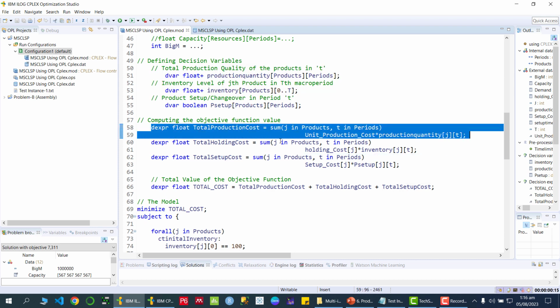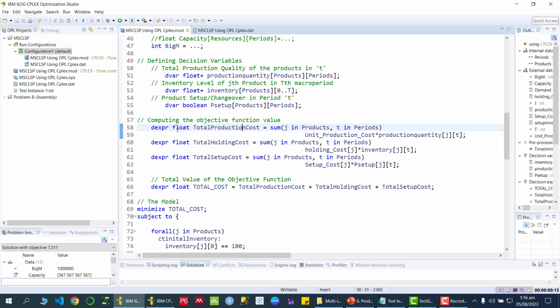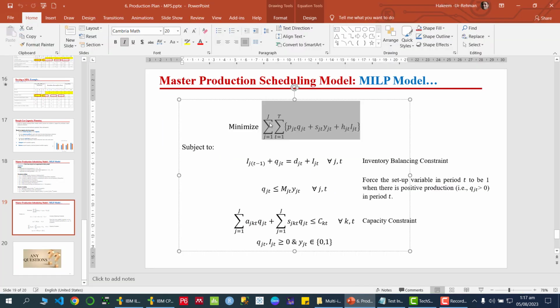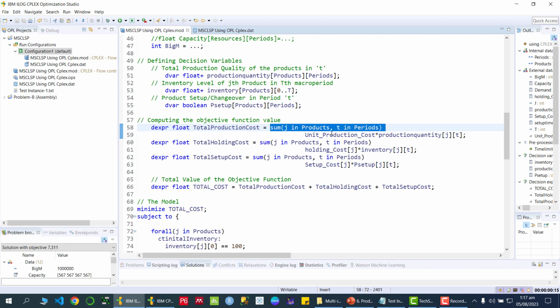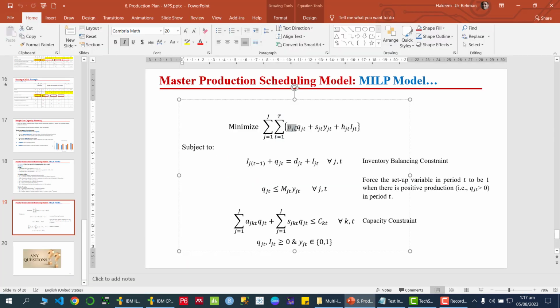When I'm going to calculate some expression, the keyword is DEXPR, which is the define expression. The data type we are using is float. So the total production cost is going to be the sum over j in product and t in period, j for the first summation and t for the second. And the equation is the per unit production cost multiplied by the production quantity.